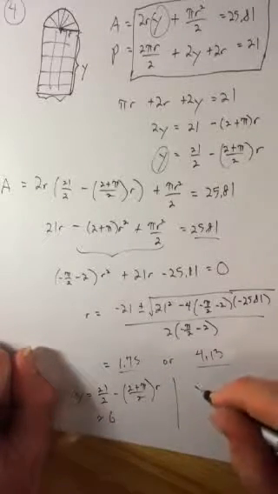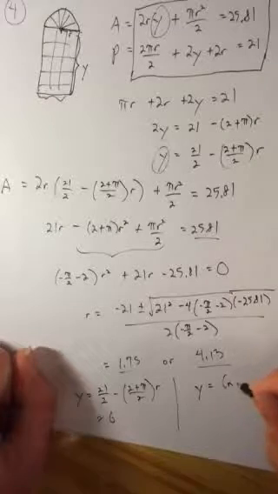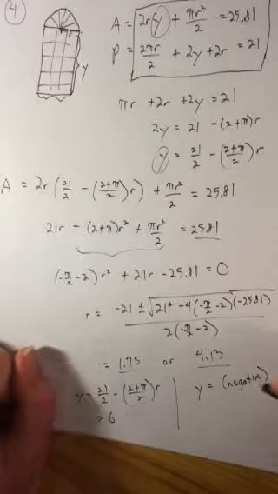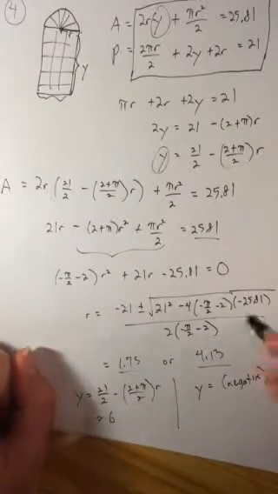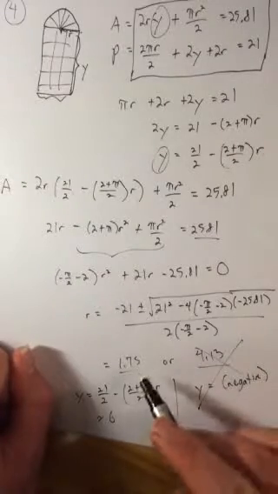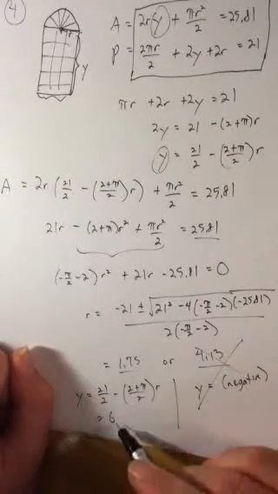And over here, what you get is y equals some kind of a negative number. I forget what it is. But it gives you a solution that doesn't make any sense because you have a negative measurement. So we can cross that one out, and it looks like the radius of our semicircle is 1.75, and the height of our rectangular part is 6.